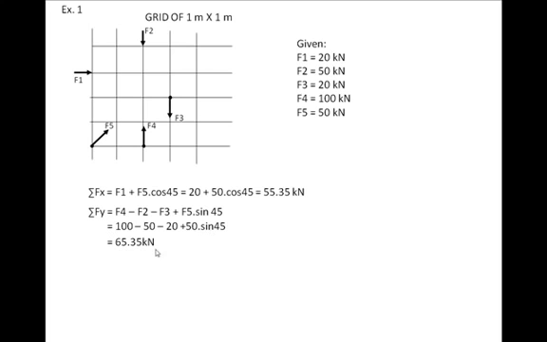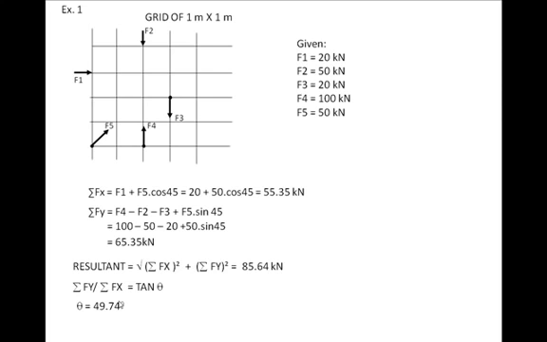Now, once you have sigma Fx, sigma Fy, you can find the resultant by square root of sigma Fx squared plus sigma Fy squared, and its direction by the ratio sigma Fy upon sigma Fx, that is tan theta, the angle of inclination, and theta comes to 49.74 degrees.